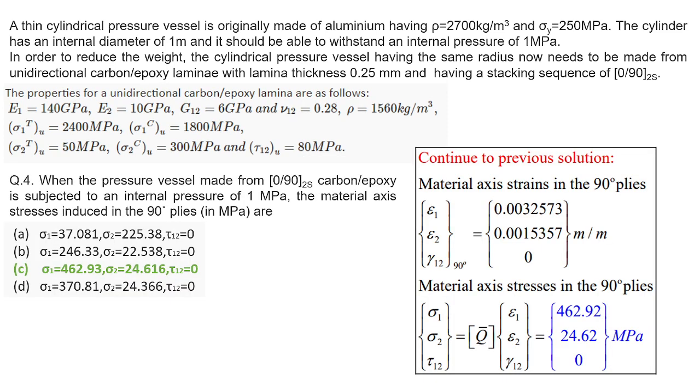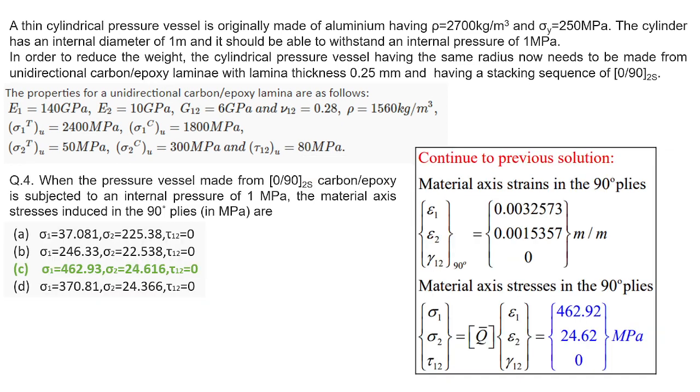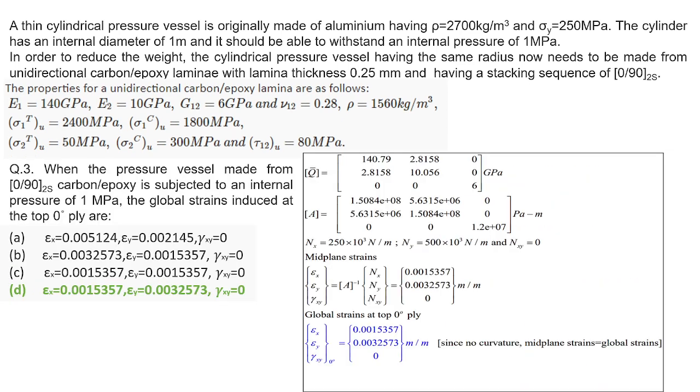Then next question, for the same data: when the pressure vessel made from 0/90s carbon epoxy is subjected to an internal pressure of 1 megapascal, the material axis stresses induced in the 90-degree plies are. So in the previous question, they found the mid-plane strains and the global strains. So we got the global strain for the 0-degree ply.